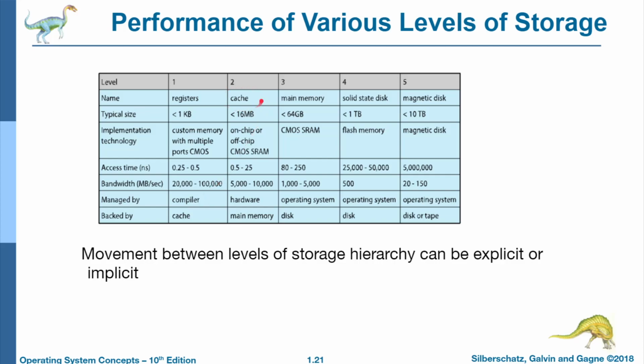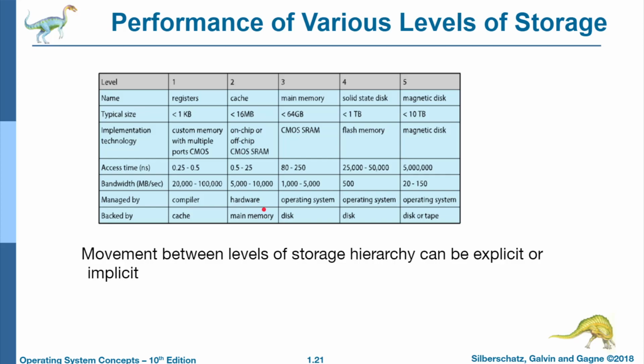Cache memory is not nearly as fast. It has a slightly higher access time, but there is more of it. And this is just a small amount of memory that is kept on the CPU chip so that access to data can be a little bit quicker. In most cases, cache memory is not explicitly modified by software.